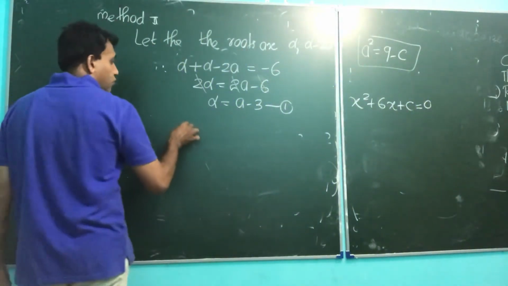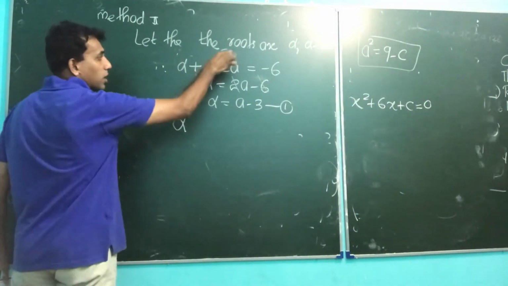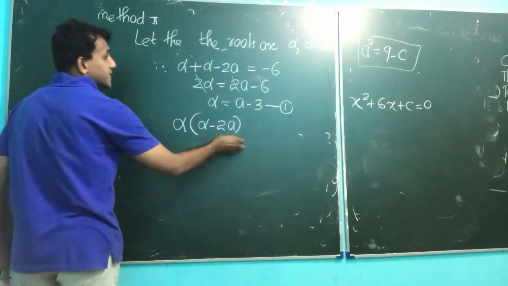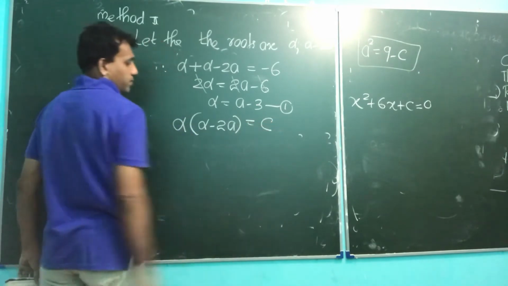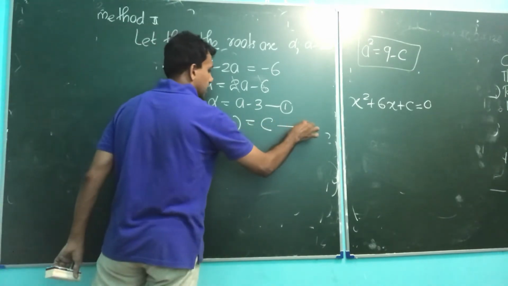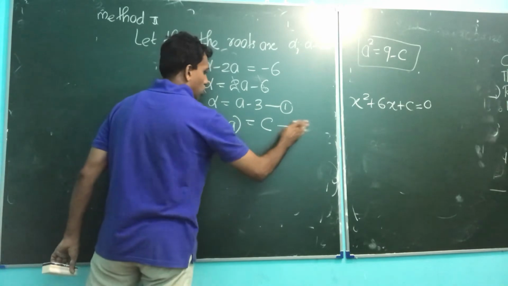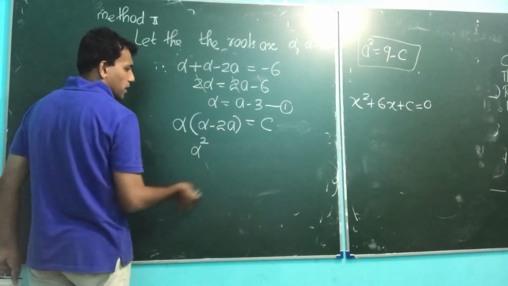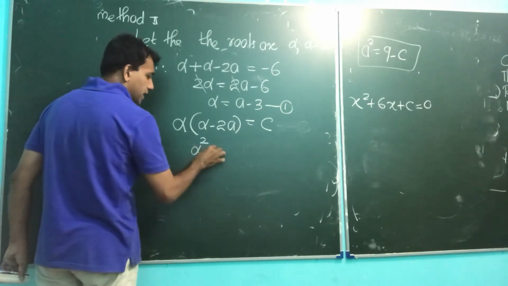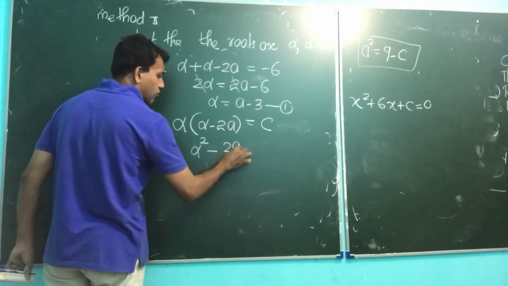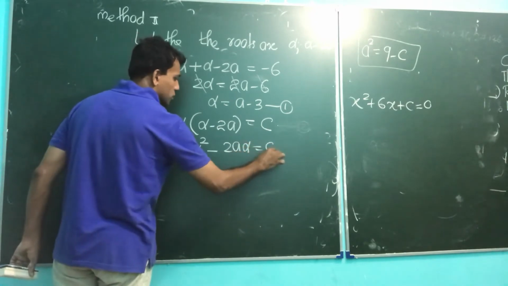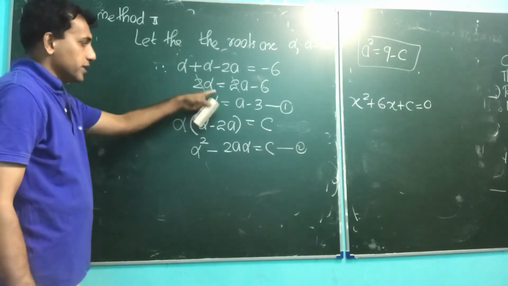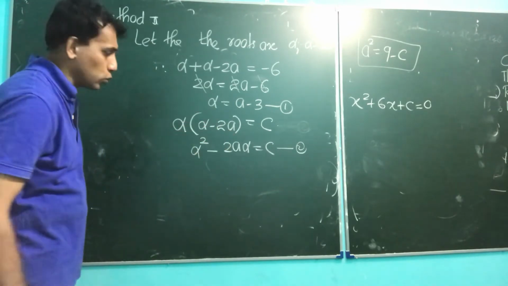So next one, alpha into beta. What is that? C over A. Can I say second equation? Or better, multiply by alpha: alpha square minus 2A alpha equal to C. Connect both, and remove the alpha by substitution.